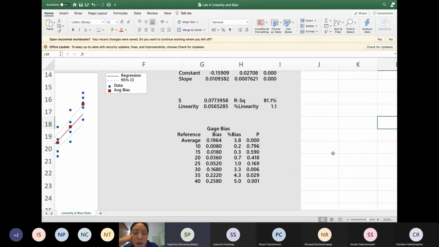Look at percent bias. So at 40 the biases are unacceptable because it's greater than 5%.